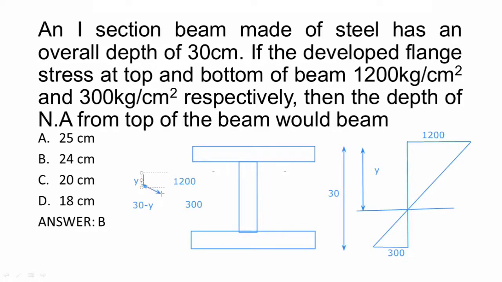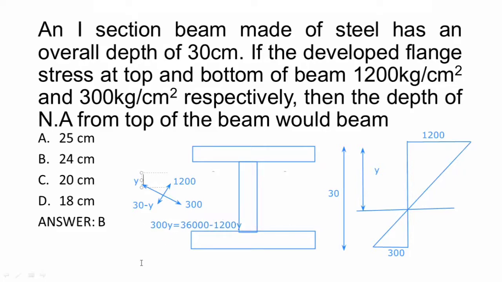So take cross multiplication of these two. You multiply y with 300, then 30 minus y with 1200. What we will get is 300y is equal to 30 into 1200. How much is that? It is 36,000, minus 1200 y.